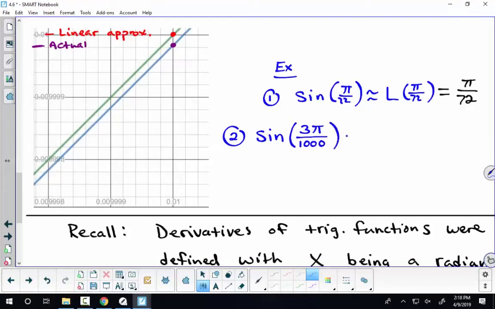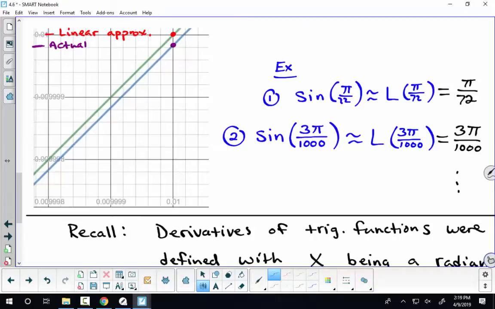The sine of 3 pi over 1,000 is approximately the linear approximation at 3 pi over 1,000, and that linear approximation at that value is that value. And so on and so forth. We could continue with that. But as you would expect, not all linear approximations are y equals x. It really depends on the function and the point you're constructing that about or around.